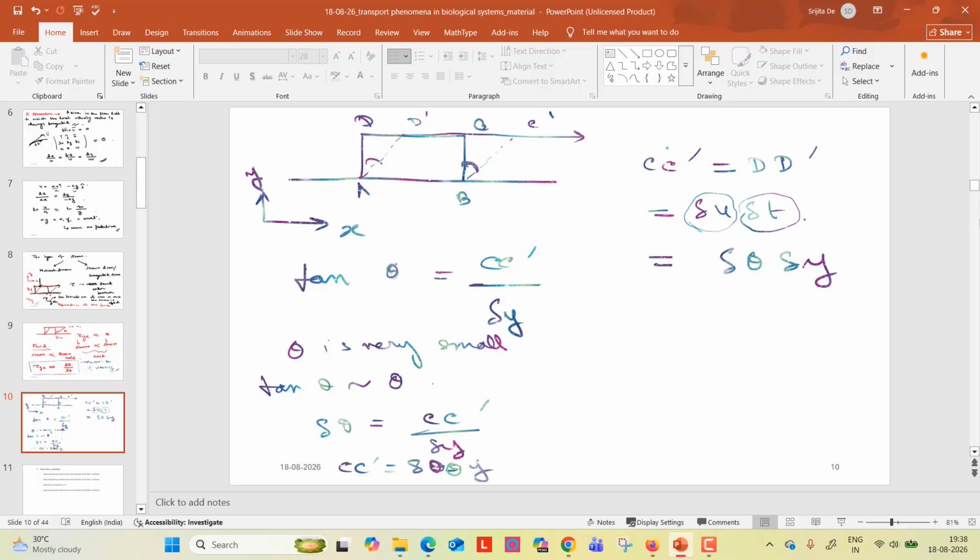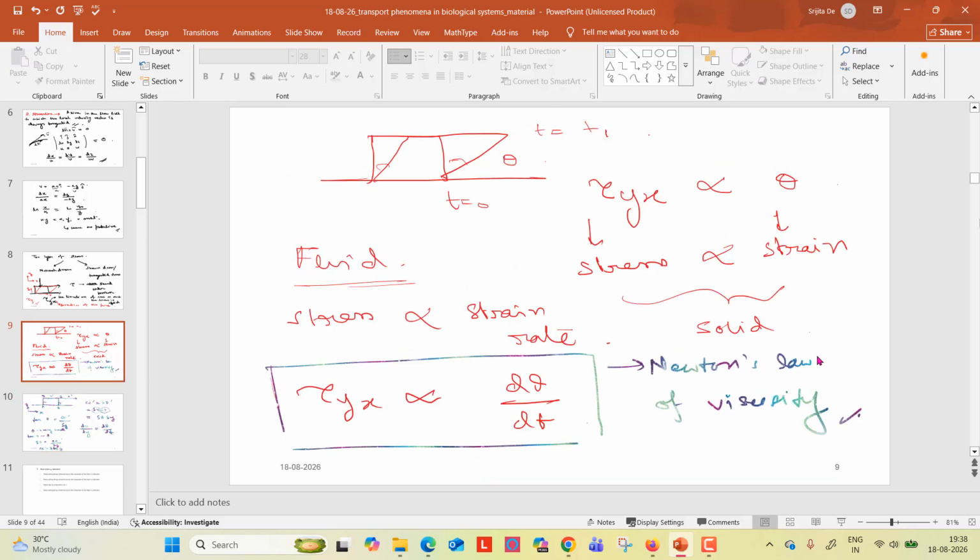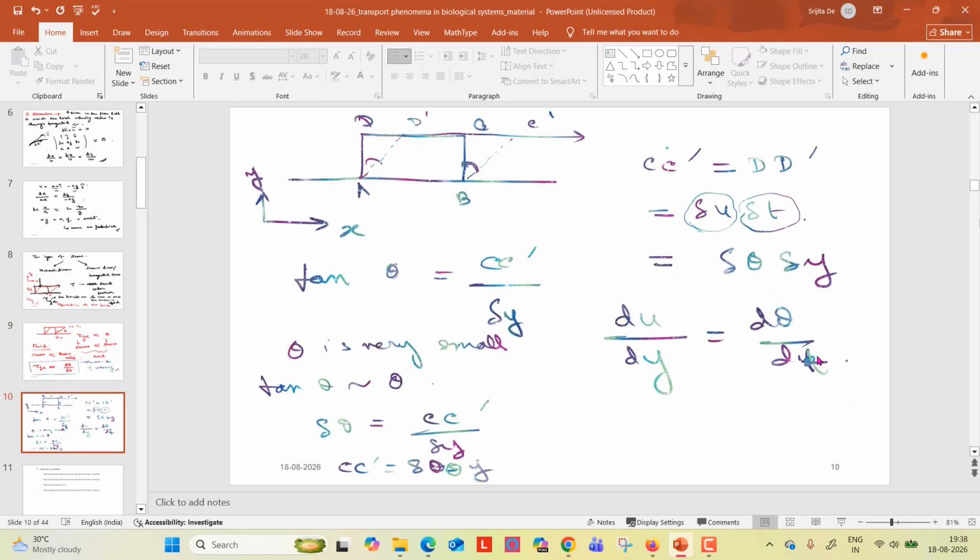Now cross multiply it. So it will be du by dy equals d theta by dt, sorry. Yeah, right? So in the earlier case we have seen that tau yx is proportional to d theta by dt. That means tau yx is proportional to du by dy also, which is the velocity gradient.